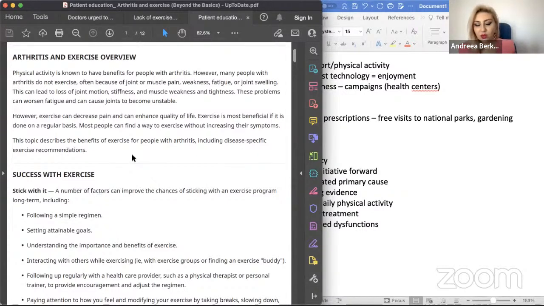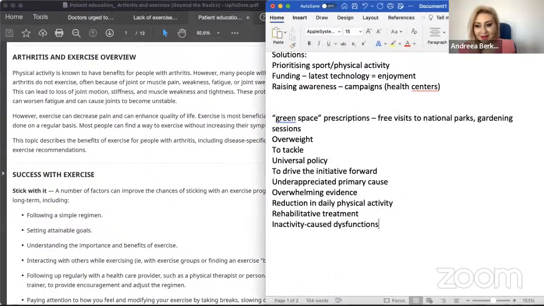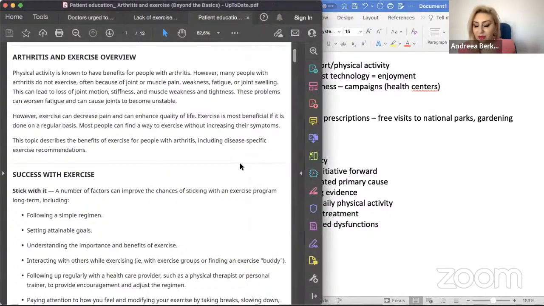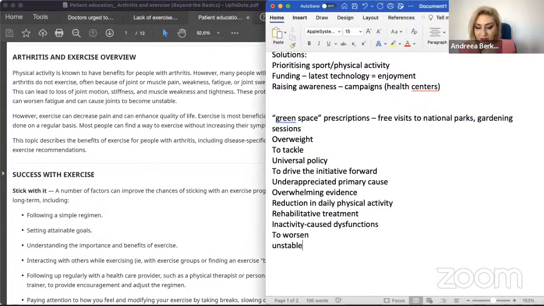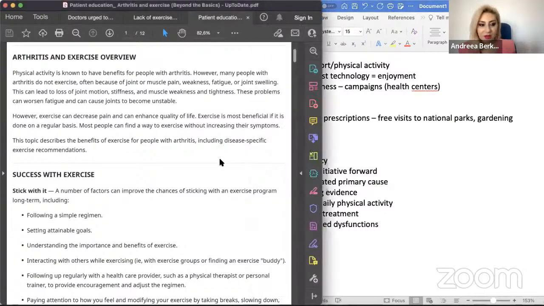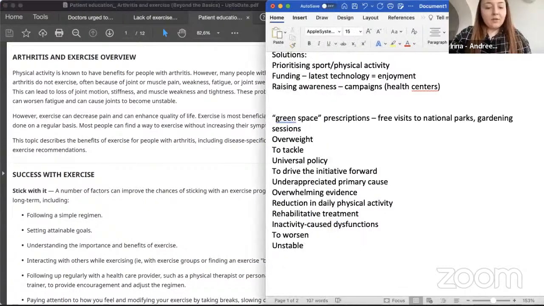The next one is to worsen, a verb that can be used in many essays, no matter the topic. Okay, unstable. I really like derived words. As I said, stable, unstable. They increase the level of our scoring. To decrease, to enhance quality of life.